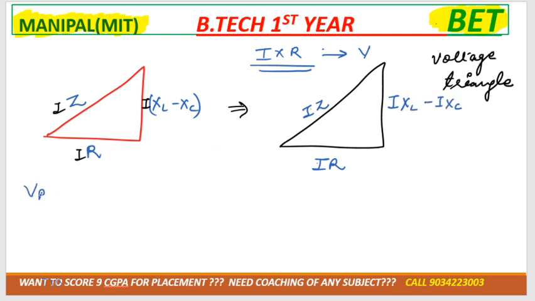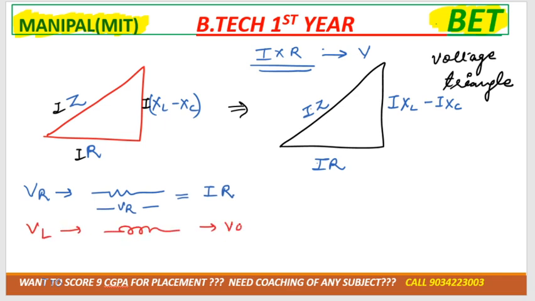So what is VR? VR is the voltage drop across the resistor, and VR's formula is I into R. Correct? What is VL? VL is the voltage across the inductor, and what would be the formula for VL?